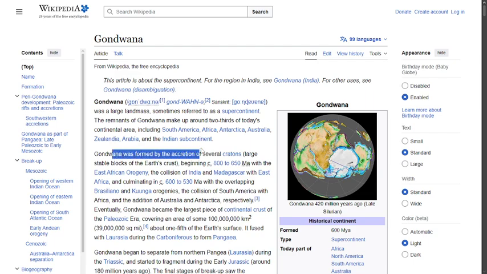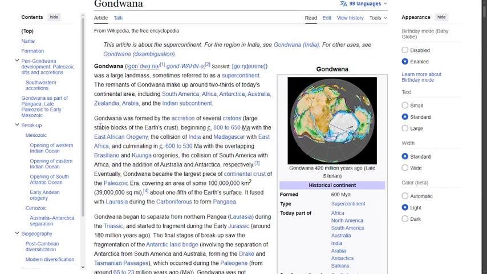So Gondwana formed of the large stable blocks of the Earth's crust. The collision of. Wait, I'm confused. I'm mildly confused. So it's still a supercontinent, it's just a bit torn up, is what I'm getting from this.